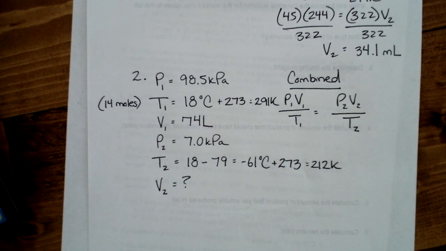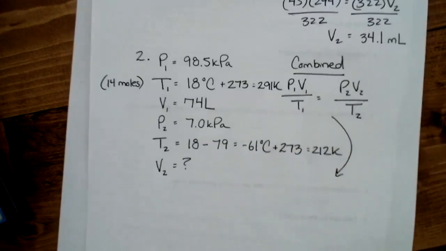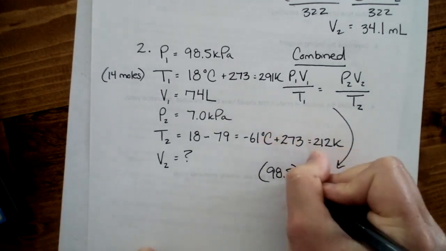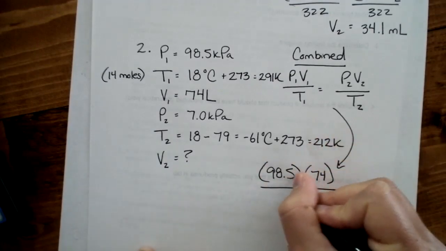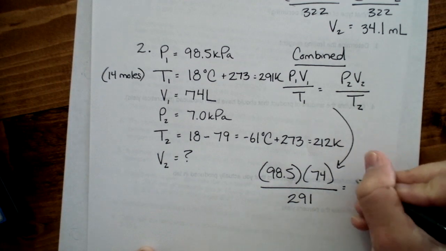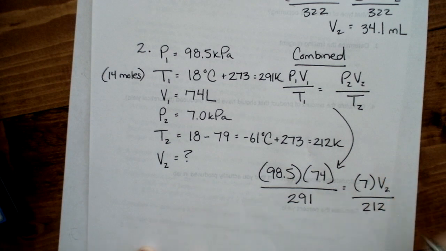Okay, now we're ready to plug in stuff. So I'm going to move down here. 98.5 times 74 over 291 equals 7 times V2 over 212.